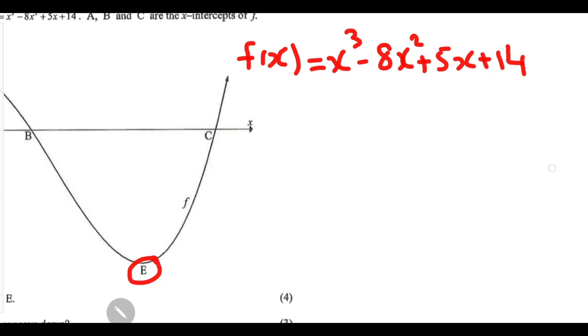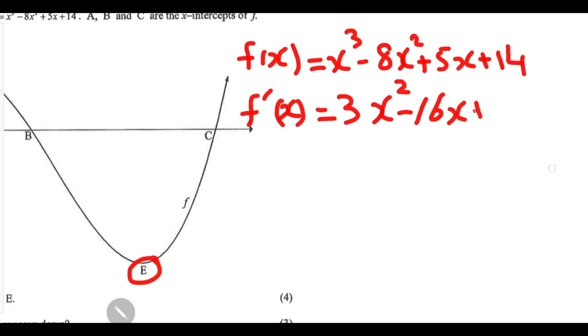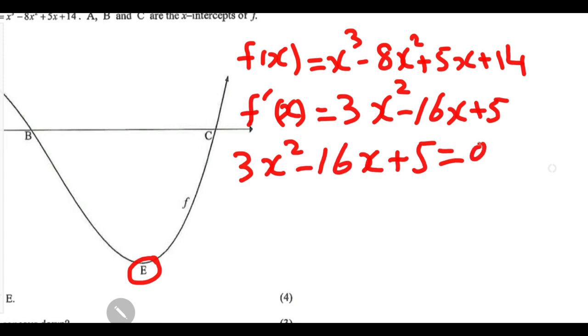So the first derivative is 3x^2 - 16x + 5. The derivative of the constant 14 is 0. So 3x^2 - 16x + 5 = 0.